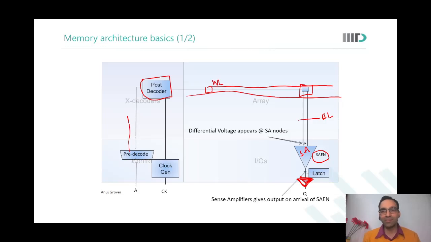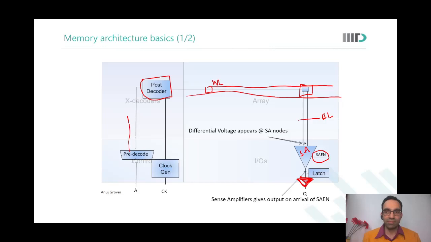We are in the first class. Yes, Faisal. Can't we just say the pre-decoder is deciding whether to read or write since it is in the control block? No. Both the pre-decoder and post-decoder are deciding which word line to select.